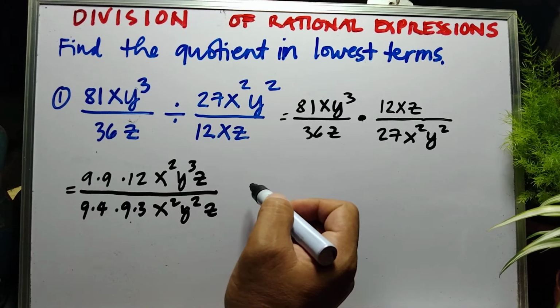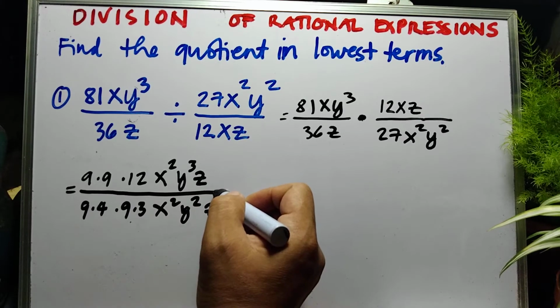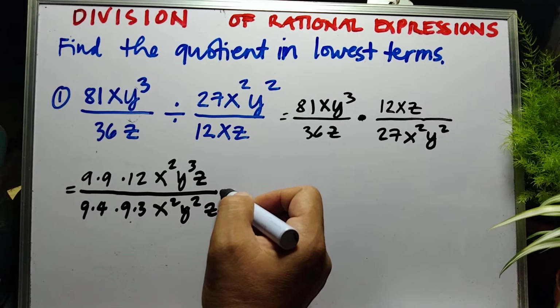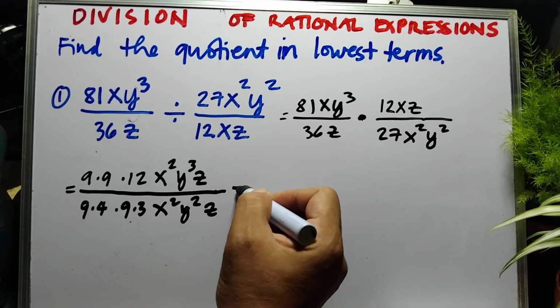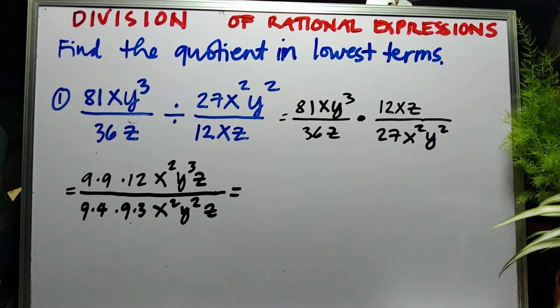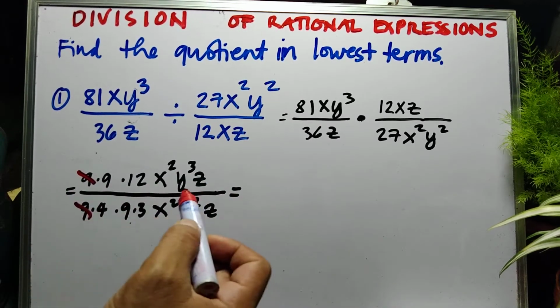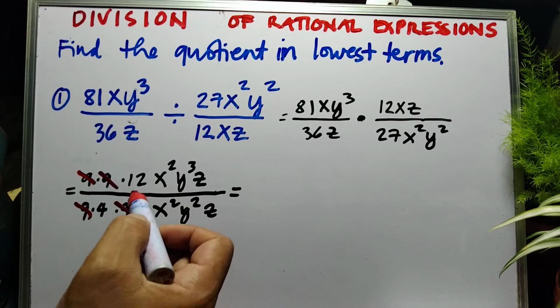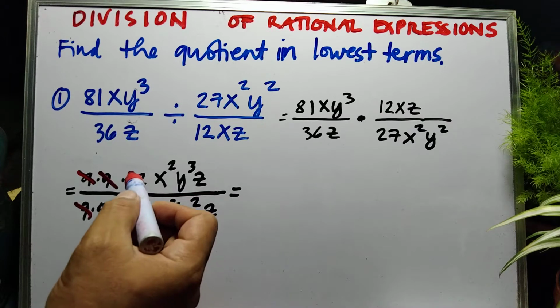As you observe, we could cancel numbers which are common in the numerator and in the denominator. So, let's cancel. We could cancel 9. We could cancel 9. And 12. What is 4 times 3? That is 12, right?